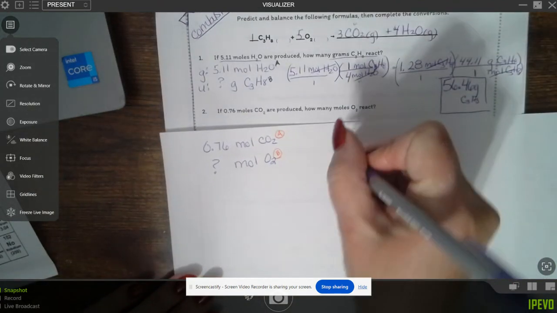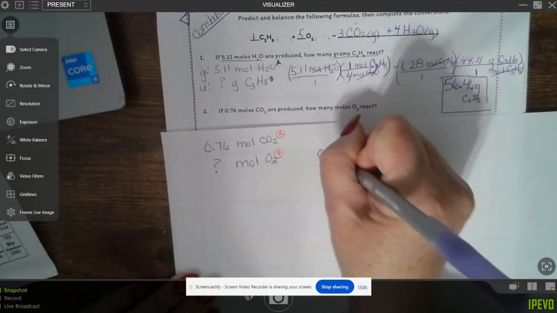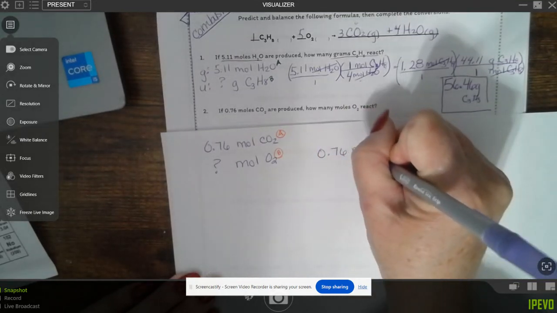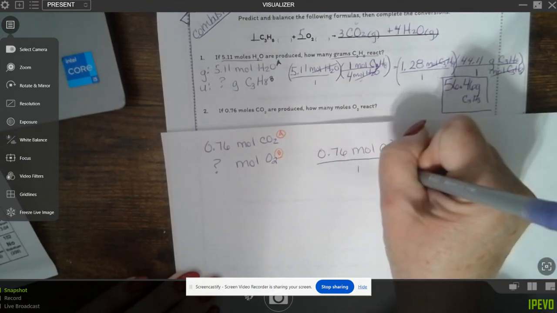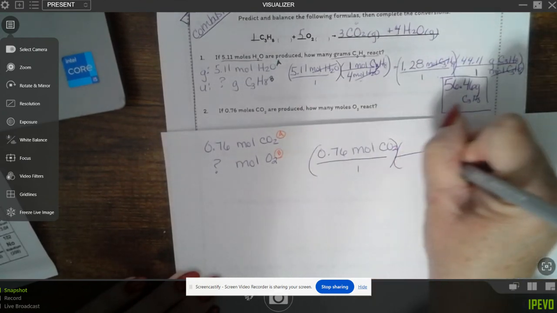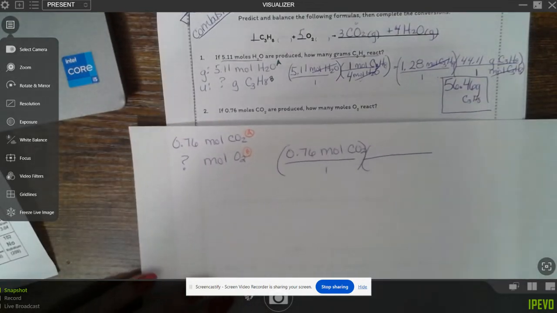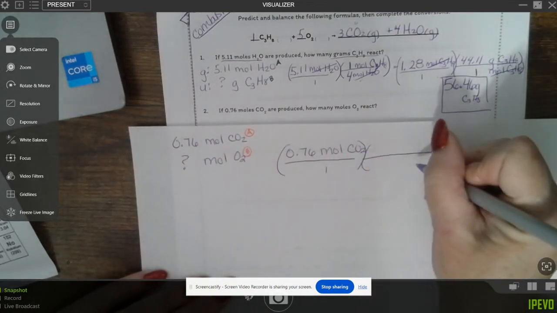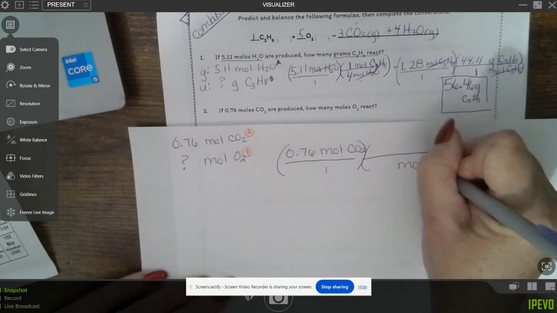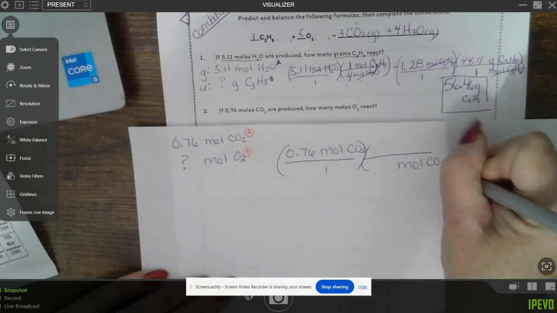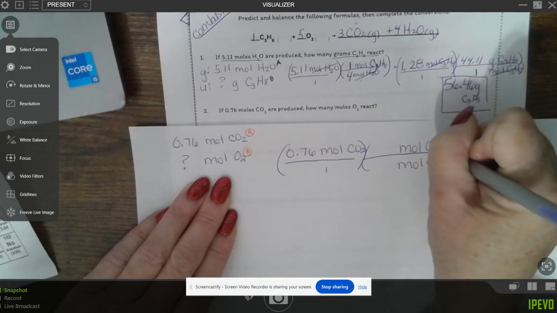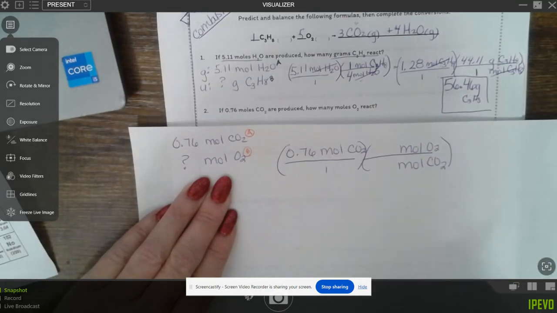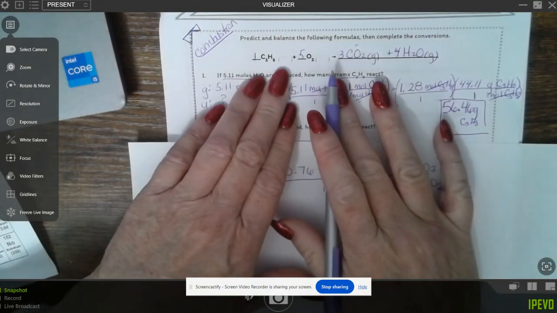So if we set this up, 0.76 moles of CO2 over 1. Okay. We need moles of CO2 on the bottom and moles of O2 on the top.